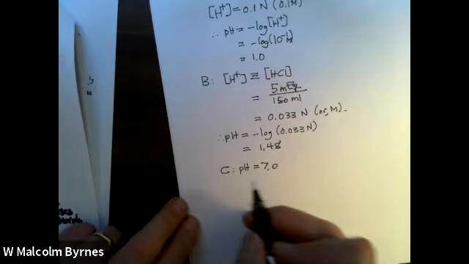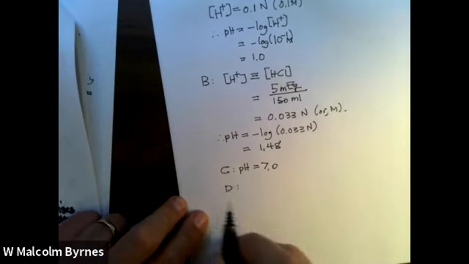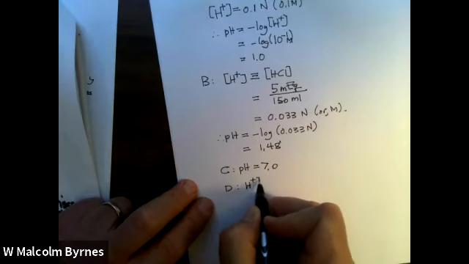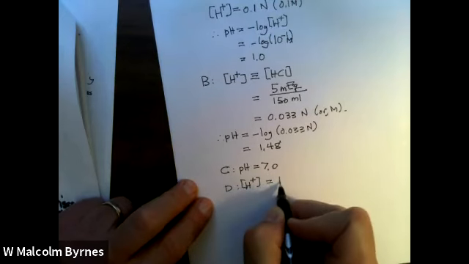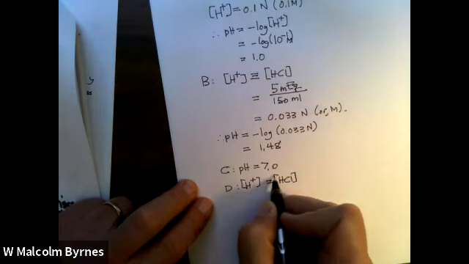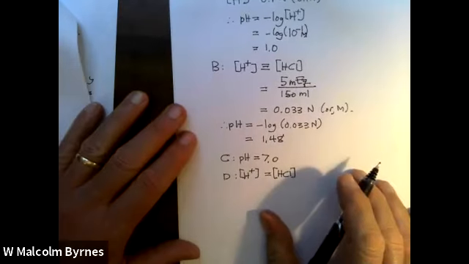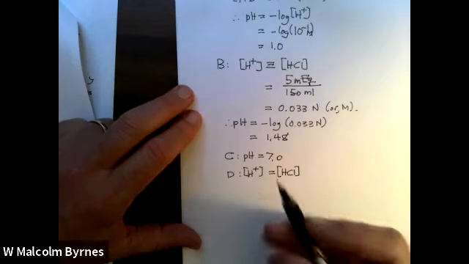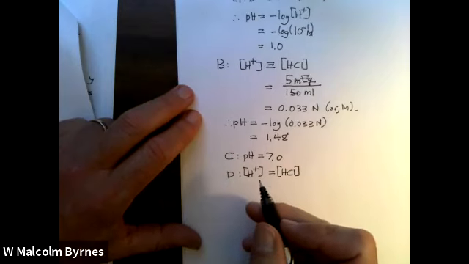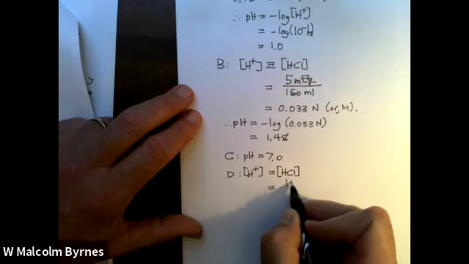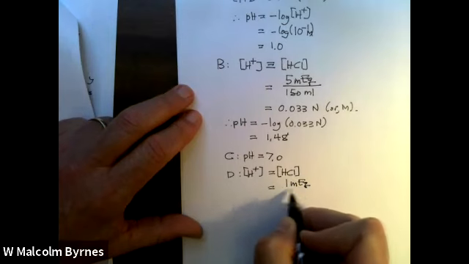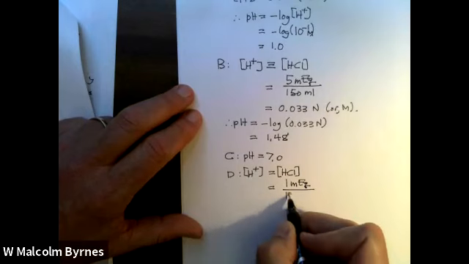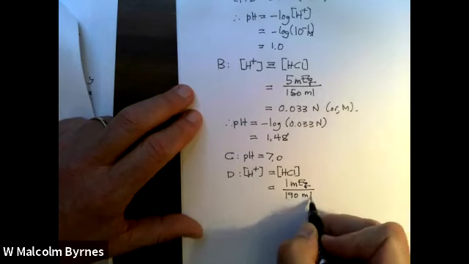And then finally, point D. Now, again, hydrogen concentration is equal to the hydrochloric acid concentration, which is 1 milliequivalent divided by whatever the volume is. It's equal to 1 milliequivalent divided by the 100 milliliters plus the 90 of sodium hydroxide we added.